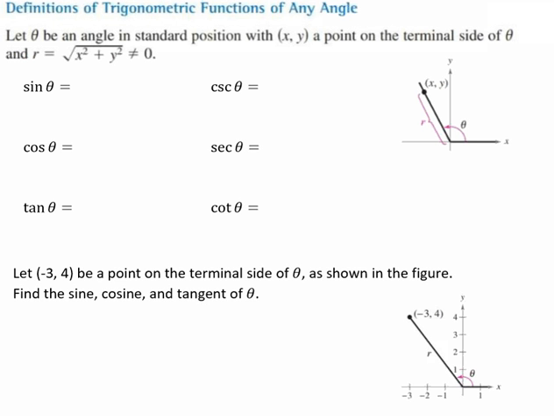So what is that saying? Well, what that's saying is that we pretty much create a right triangle here. So we have our radius, which is the distance from the center of our circle, or from our angle point, from our vertex, to our x, y. And from there, we're able to create a right triangle with an x and a y. So this is going to be our right angle here, and this is going to be our reference angle.